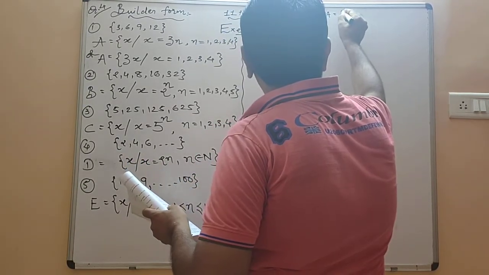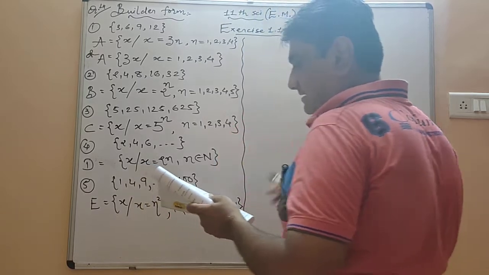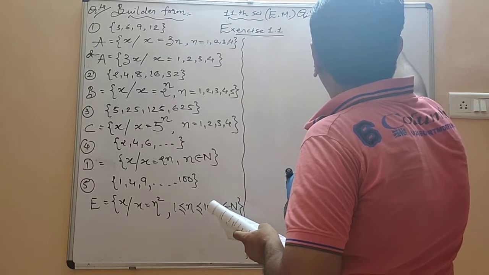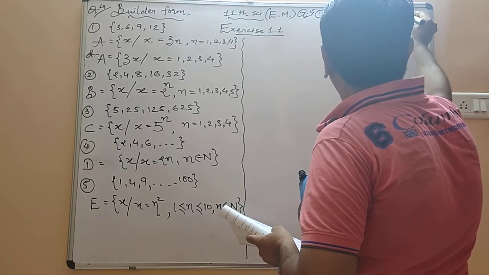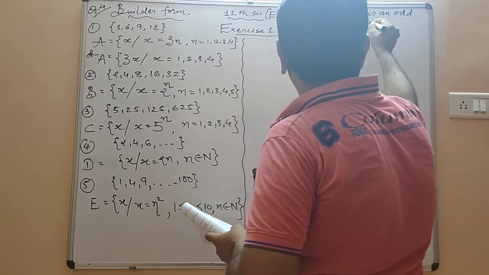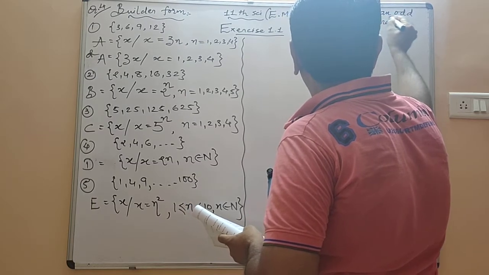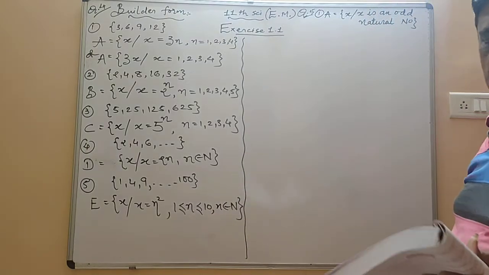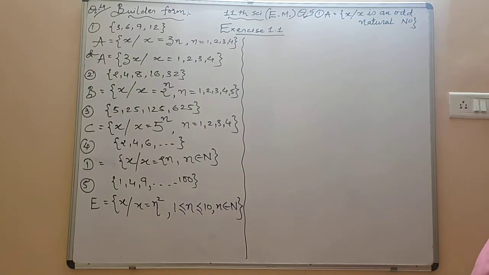A is equal to X such that X is an odd natural number.